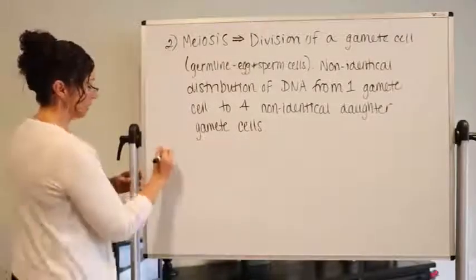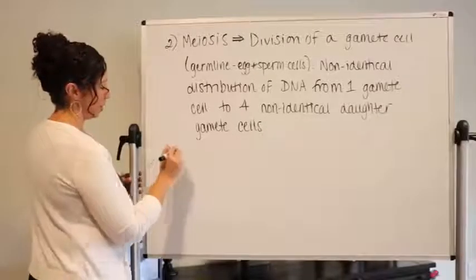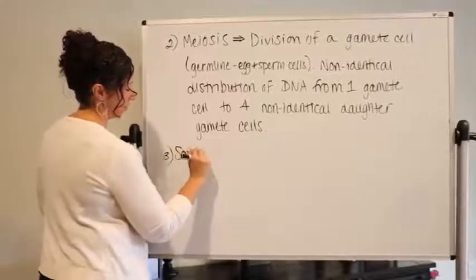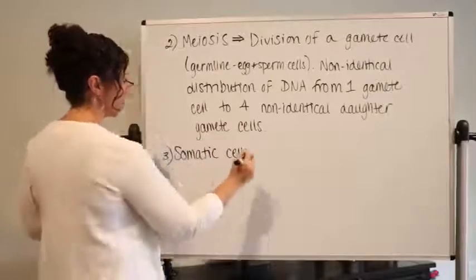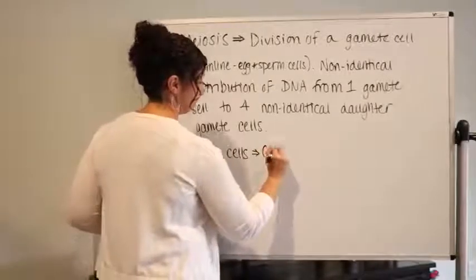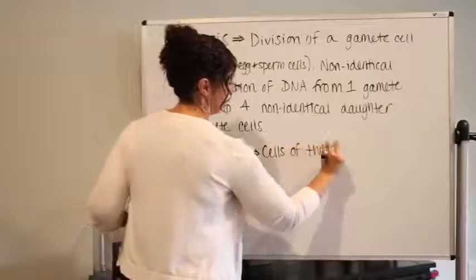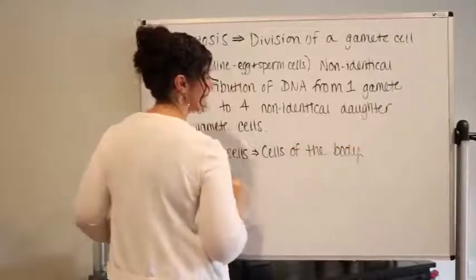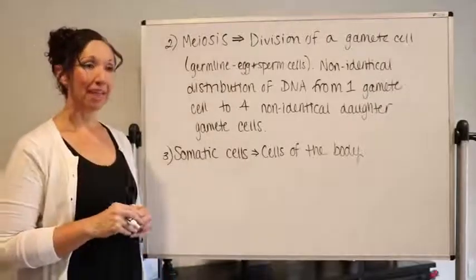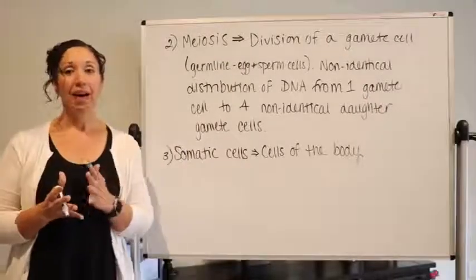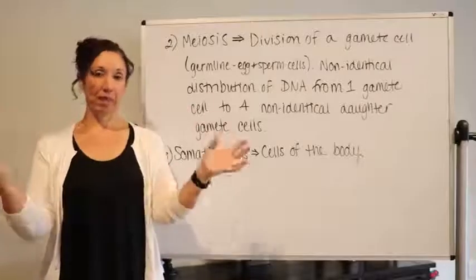So number 3, we kind of talked about this already. So somatic cells. Somatic cells are cells of the body, and the cool thing about your somatic cells is that they have 2 copies of DNA. So let's just back it up for a second.